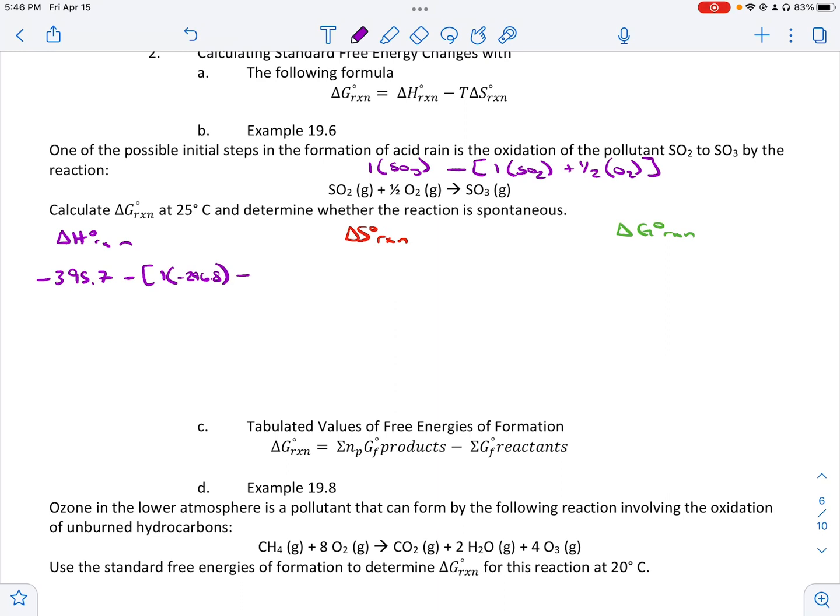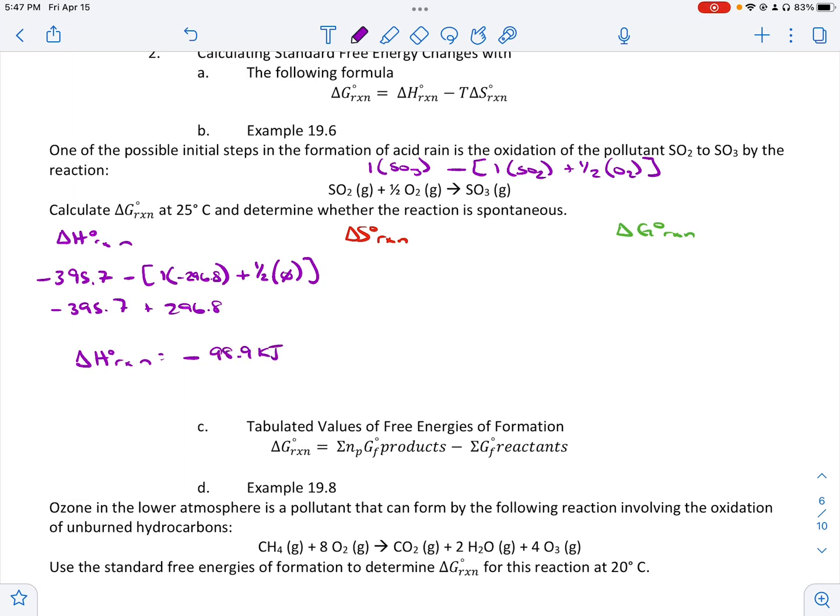And then we've got our oxygen, plus 1/2 of, well, oxygen is going to be 0, because it takes no energy to form that. So pretty simple there. We're going to have negative 395.7 plus 296.8, and that's going to give us our delta H naught, which is negative 98.9 kilojoules.